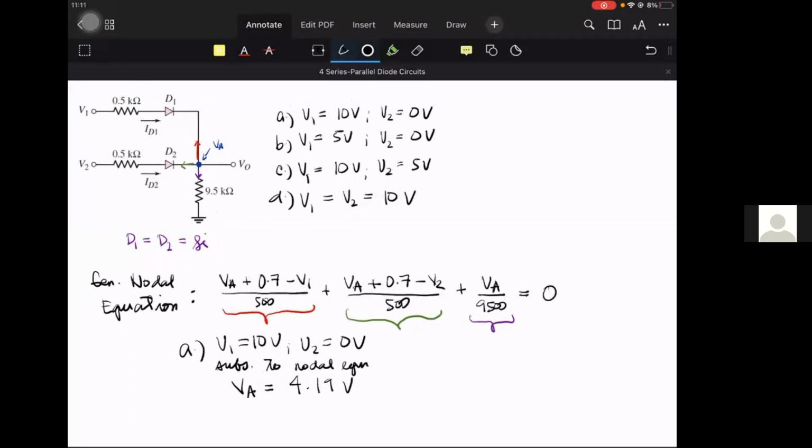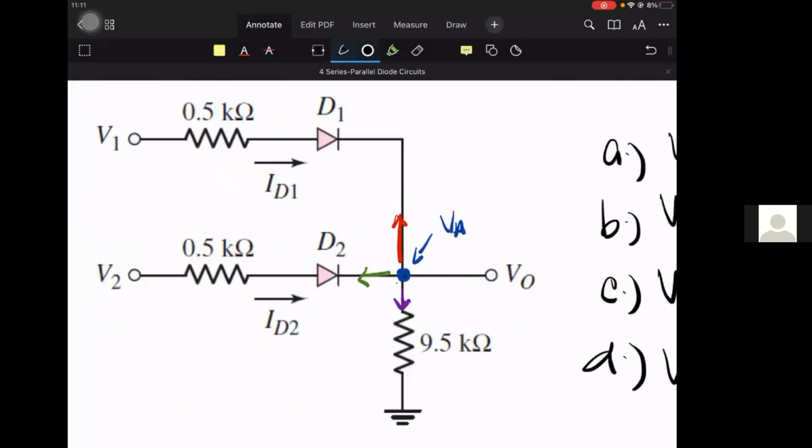Now observe, as if there is a 4.19 voltage drop here. Remember, we have 10 volts here and 0 volts here. It's okay for 10 volts, but for 0 volts, of course, it is 0. Even if it were 1 volt, the 4.19 would overpower the 1 volt.